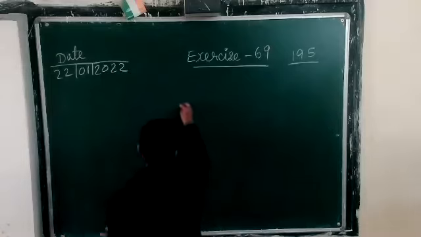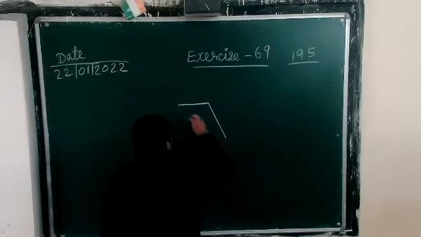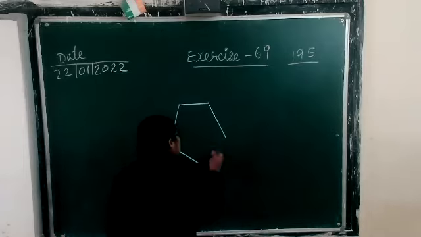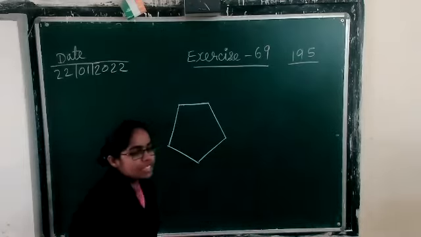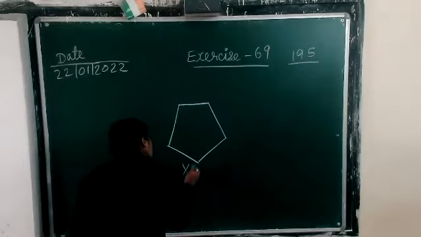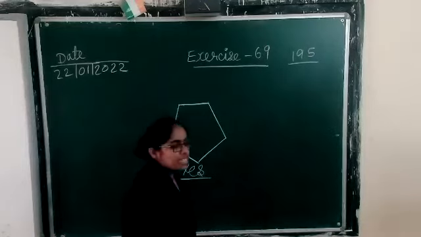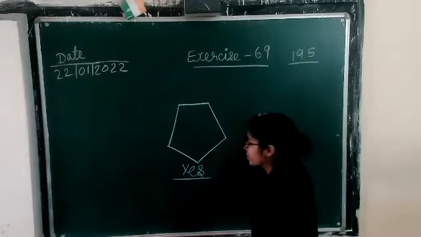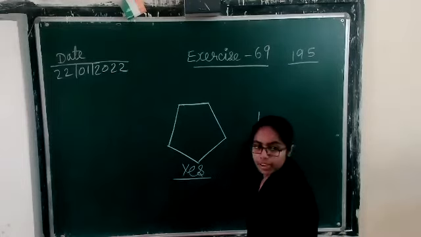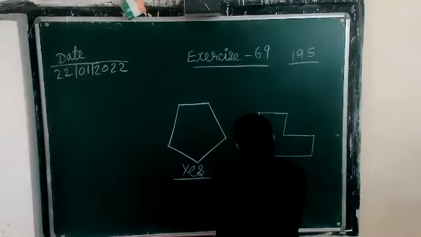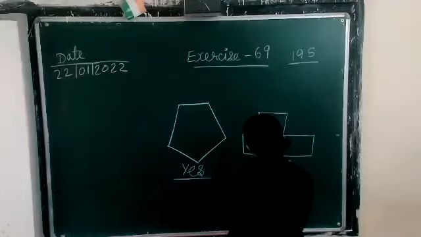The first figure: can it be tessellated, yes or no? These shapes are given, look here. Pentagon shape. Look here. This can be tessellated, so we will write yes in the gap line that is given. Second one, look at the second one, like this it's given. This also can be tessellated.